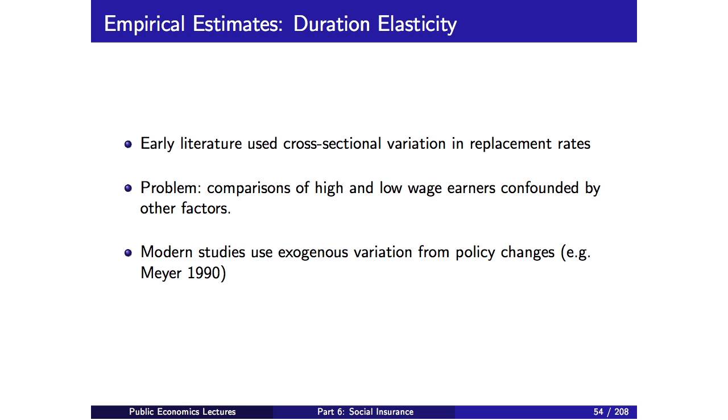And so then you can imagine running an OLS regression comparing higher wage earners and lower wage earners, but that's going to be totally confounded by the fact that your variation is collinear with wage rates, and so you don't get an unbiased estimate of the impact of the UI benefit level on durations.